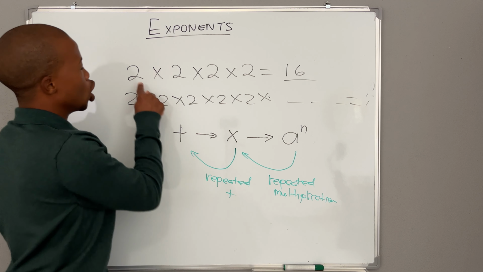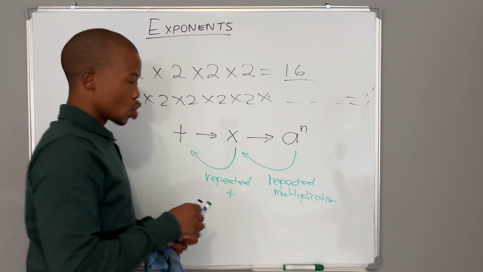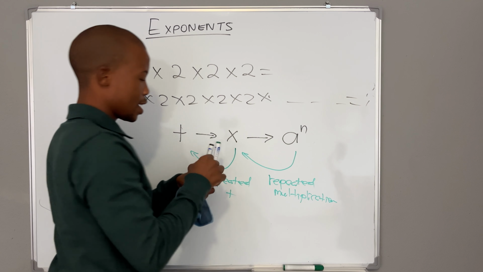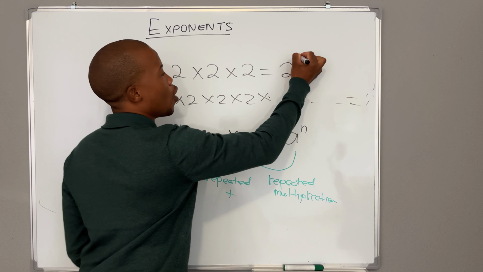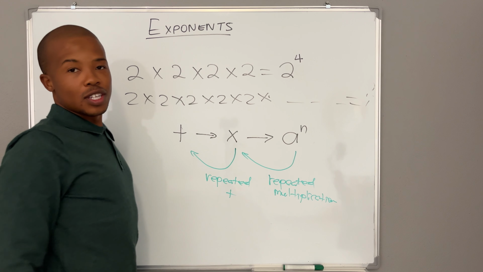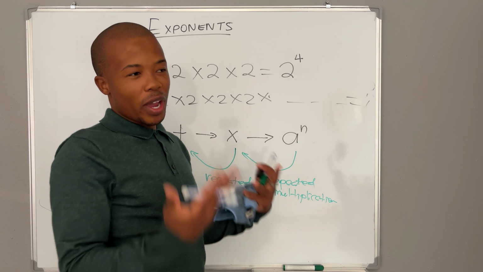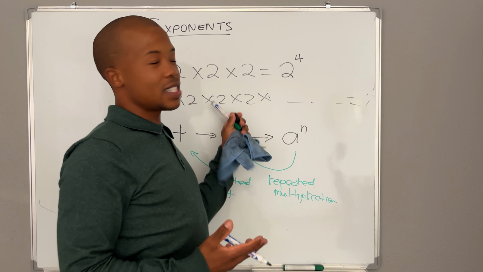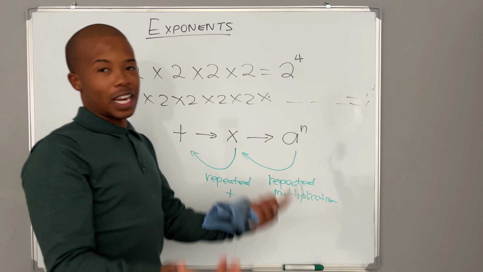In other words, we are going to say 2 is multiplying itself 4 times, so we can write it as 2 multiplying itself 4 times. So it's a cleaner way, or an easier way, or a faster way of writing something which is multiplying itself a certain number of times.